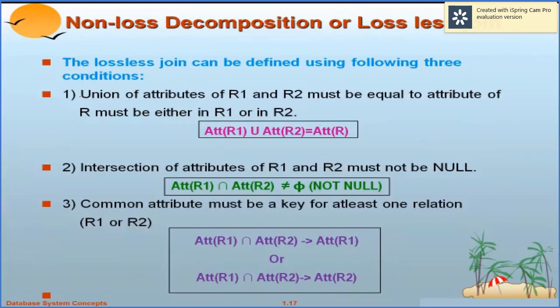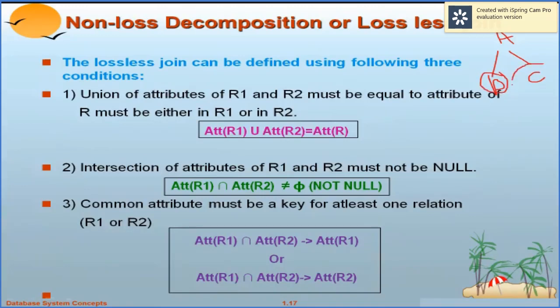So let's move further. When can we say a particular decomposition is a lossless one? Assume you have a table A that has been decomposed into B and C, and now you have to use certain rules to check whether this particular decomposition has created any loss.